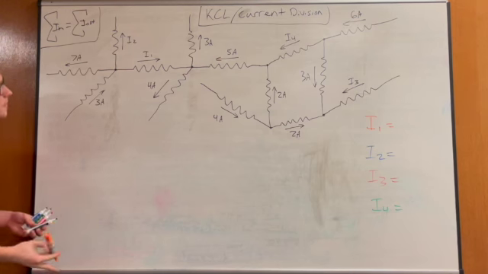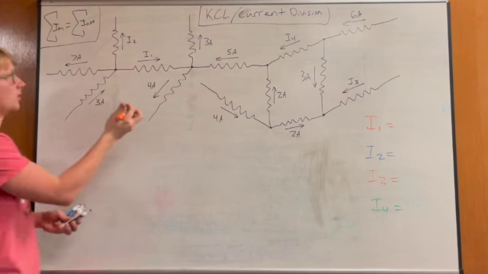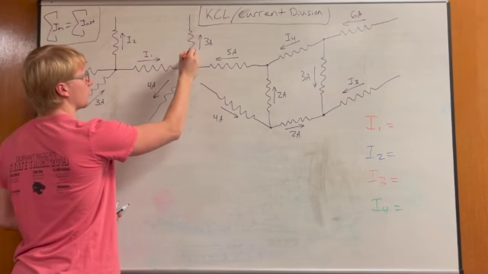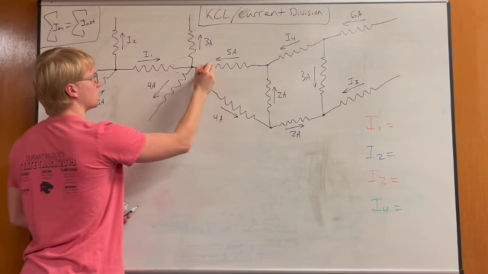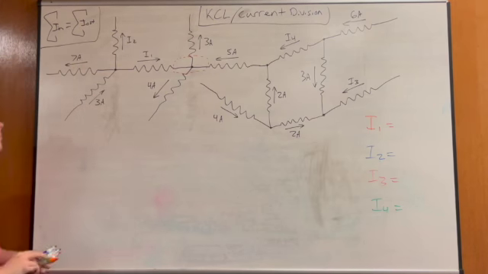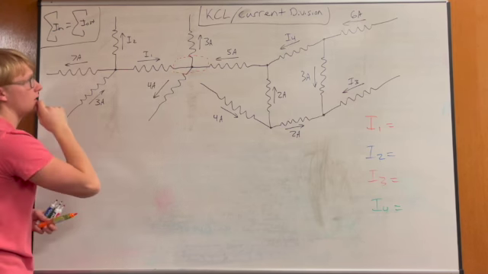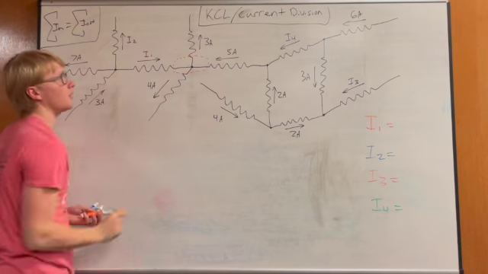And so we're going to analyze this node first, right here, to try to find I1. So based on our equation, the currents that are going into this node are I1 and 5 amps.